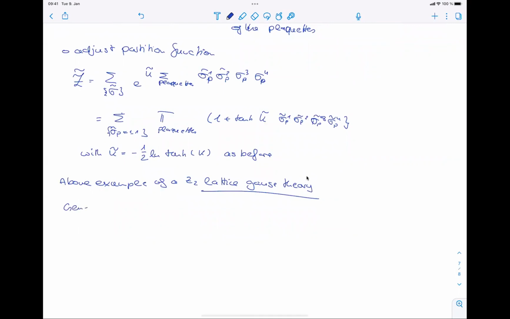And the general rules to generating those are: I place Ising spins sigma i equal plus minus 1 on the bonds of the lattice.